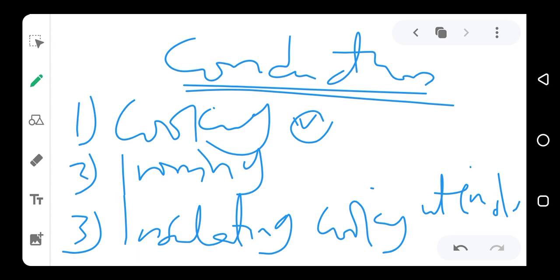Now, the conduction is used here when the wire in the fuse is heated through conduction. When the current is too high, the wire will be overheated, and then the wire in the fuse will cut, therefore breaking the supply of the current to our appliances, therefore preventing our appliances from damaging. That is how fuse works.